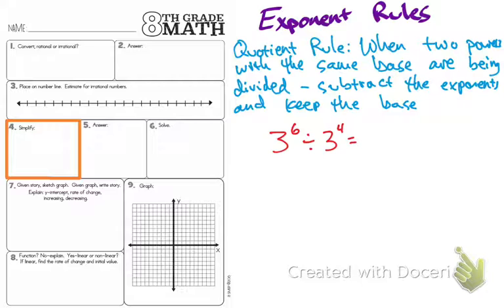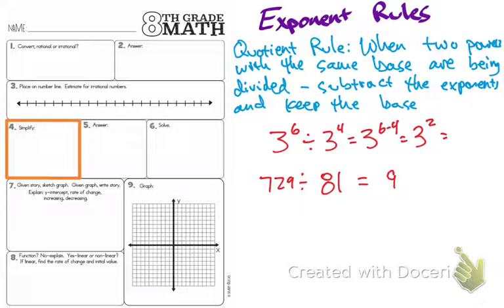So we have 3 to the 6th power divided by 3 to the 4th power. In this case, we notice that the bases are both 3. They are the same. So we can simply subtract those exponents and make this a little simpler. So 3 to the 6th minus 4 power is the same thing as 3 to the 2nd power. And we know that 3 to the 2nd power is going to equal 9.